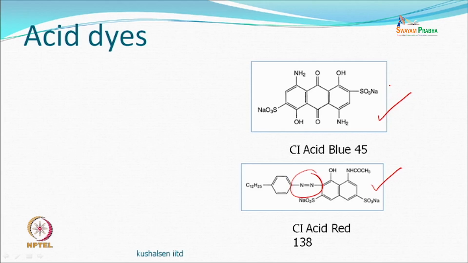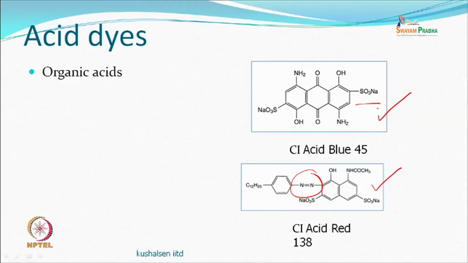They also have a solubilizing group. Direct dyes also have a solubilizing group. They are also anionic in nature. Sometimes people want to know the difference between a direct dye and an acid dye. I think you will recall that whenever you go back. Try to understand the difference between the two types of dyes.